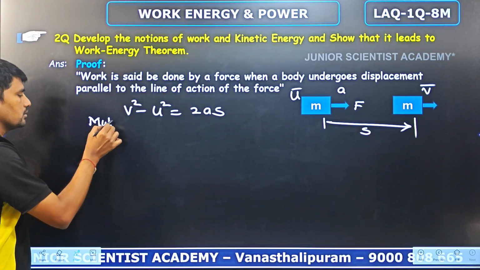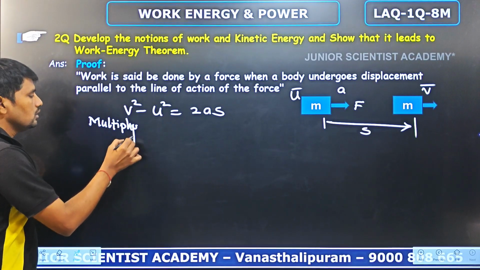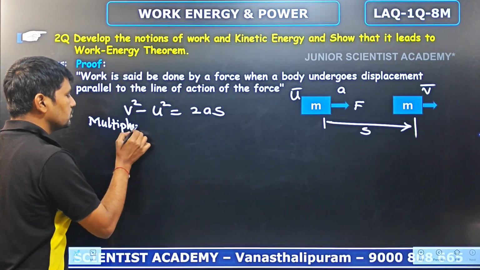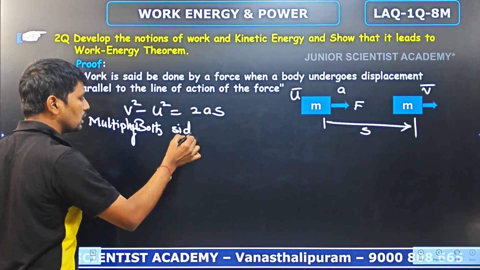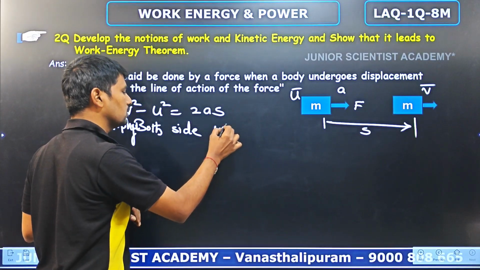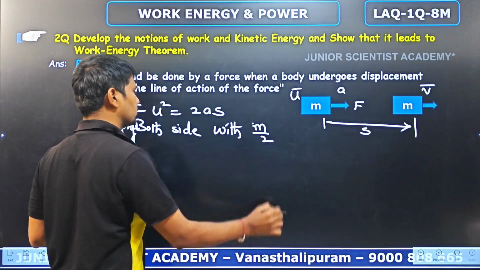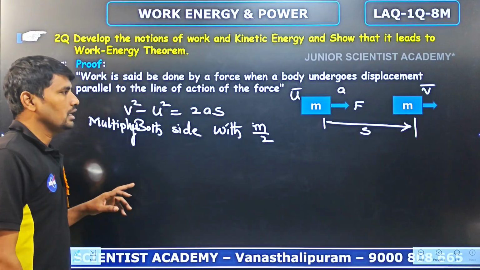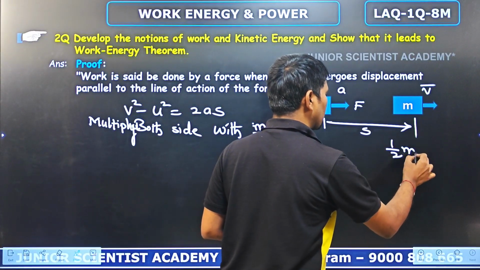Multiply both sides with m by 2. Why? Because in the kinetic energy formula it is half mv square.